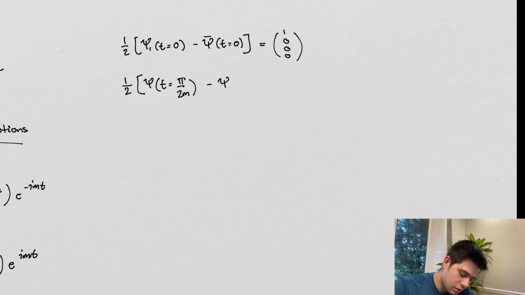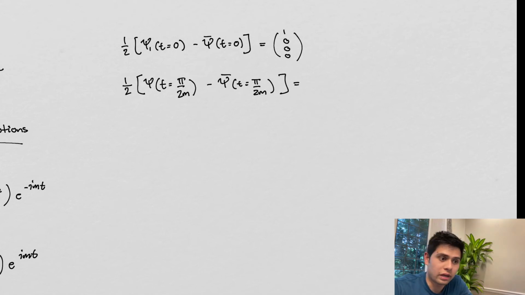At t equals pi over 2m, like this, you can do that, and what you'll get is i times 0, 0, 1, 0.